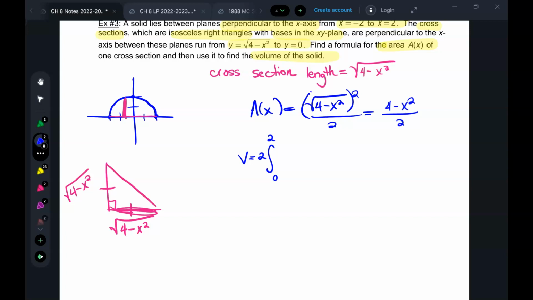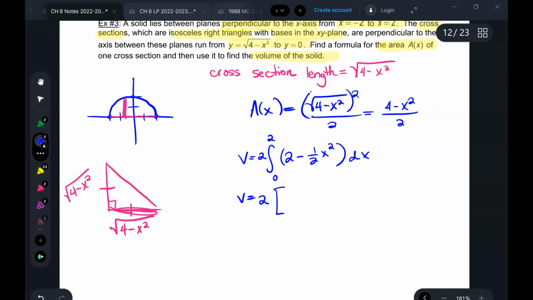So I will have, let's see if we can do this by hand. Could you have also taken out the 2 from the bottom of the 4 minus x squared, now that we have the 2 in the beginning, and cancel them out?